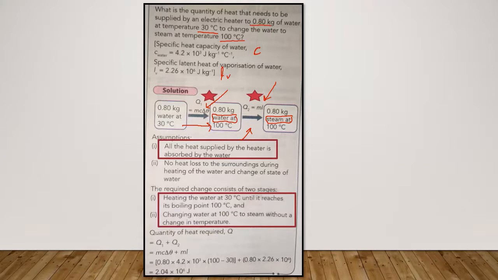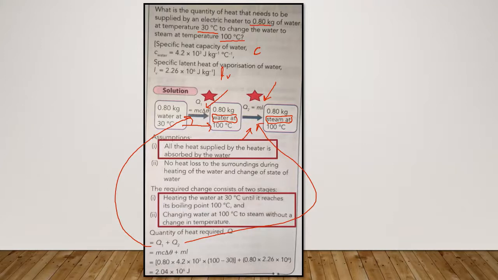The quantity of heat required is Q, which is Q1 plus Q2. Q1 is mc theta and Q2 is from ml.